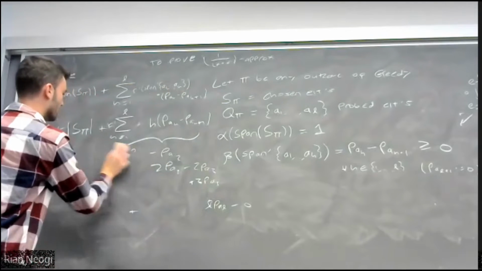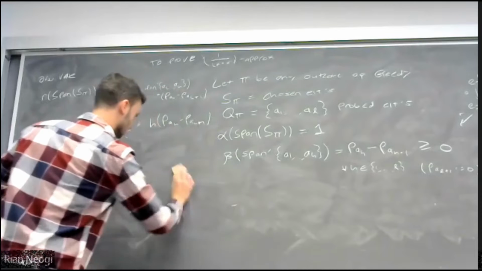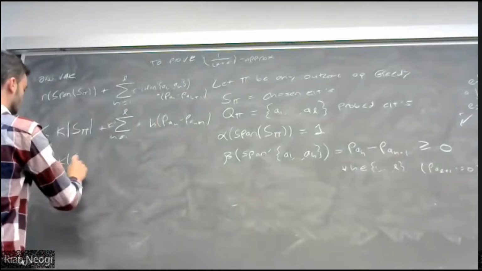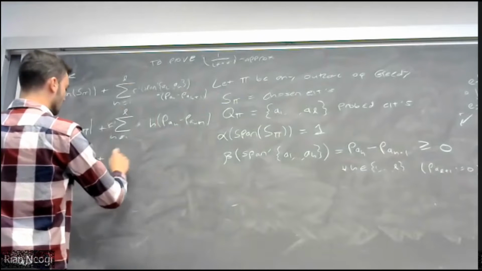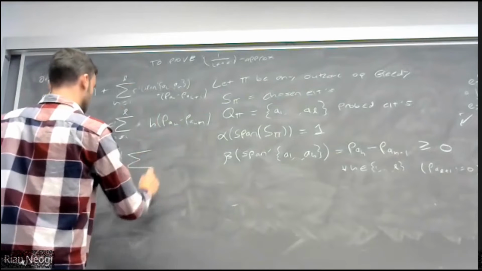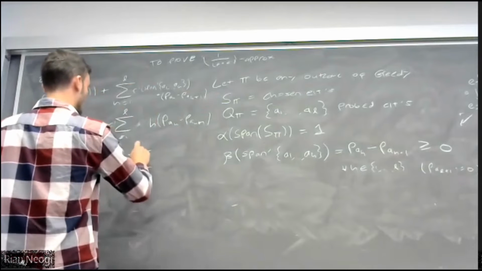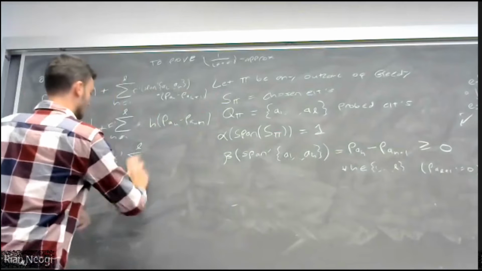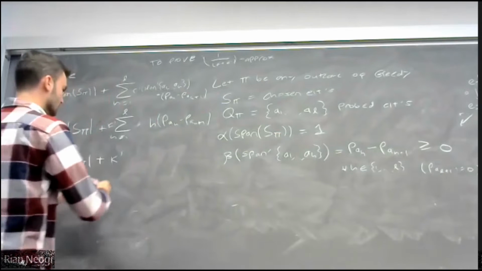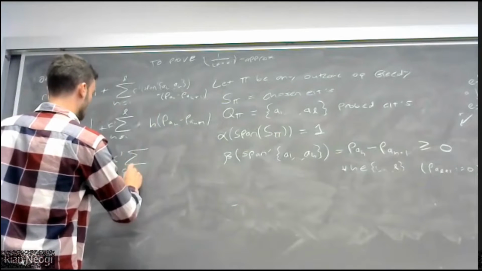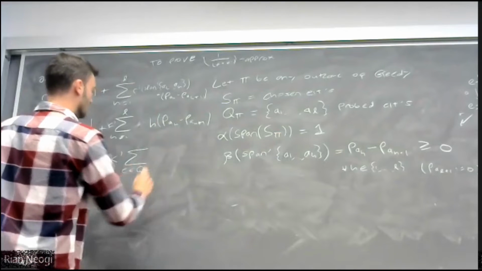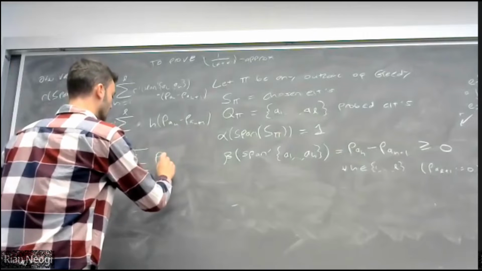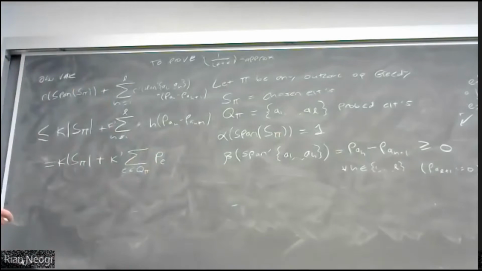So this sum is K times the size of S pi plus K prime times the sum over all elements in the set of elements that were probed, the probability that the element is active.